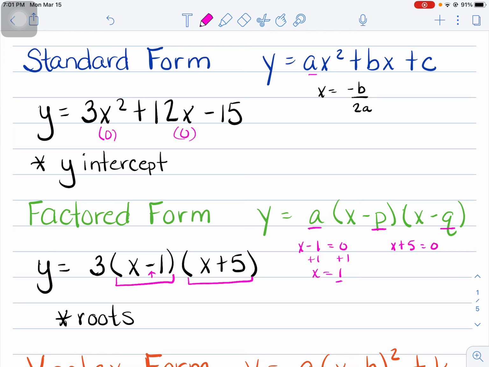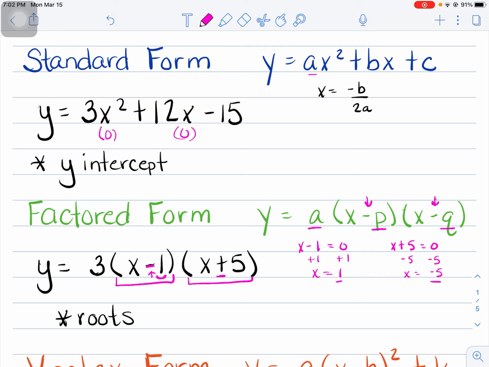I want to know where it's hitting the x-axis, the root or the intercept or the solution, so I would solve: minus 5, x is minus 5. Notice this was a positive here, but our answer is a negative. So if you think about the formula itself, it has the negatives built in. So my solution is the opposite of whatever the value is there.